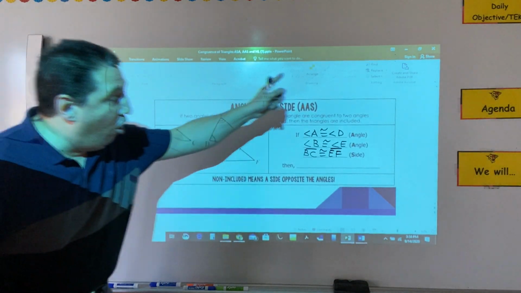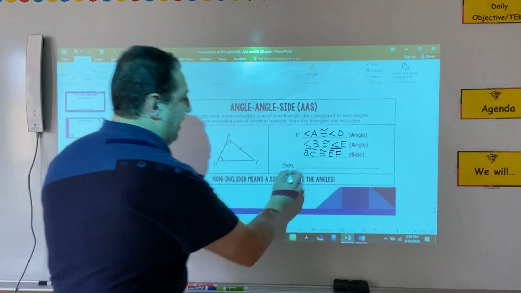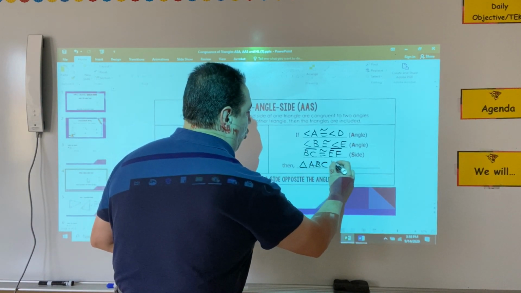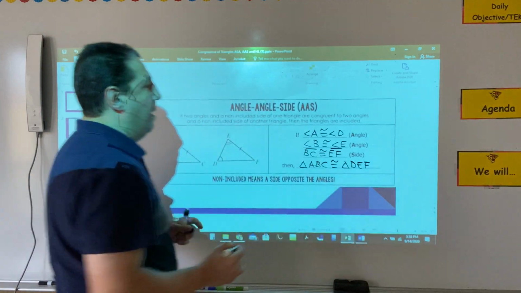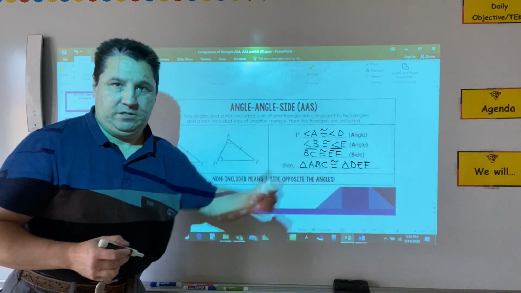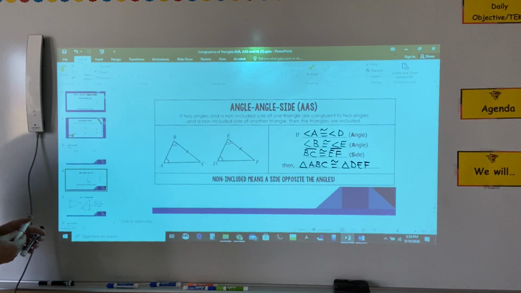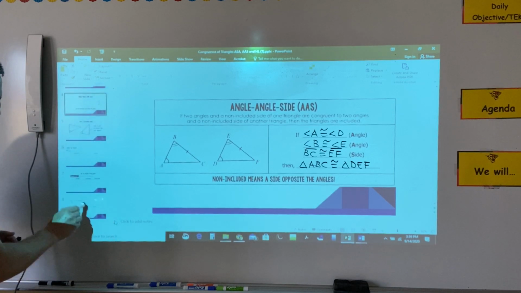Now, if all of these statements are true, then we conclude triangle ABC congruent triangle DEF by AAS. Now, let's have an example with AAS.